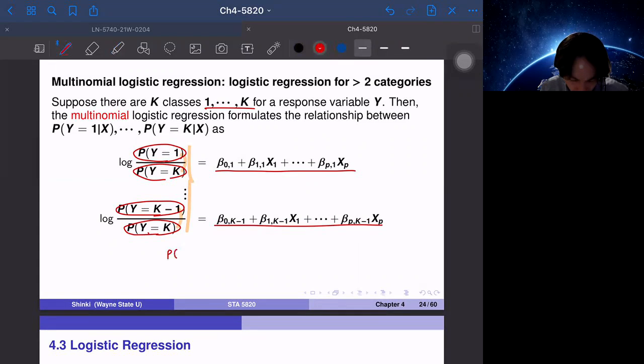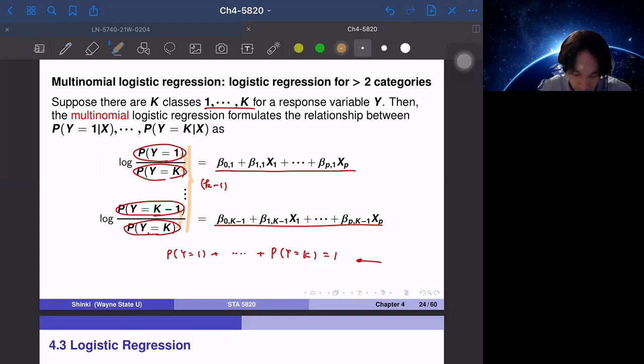Another equation is that the summation of the probabilities from y equal to 1 to y equal to k is equal to 1. With k-1 ratios and this one equation, you can identify each probability of y equal to 1, y equal to 2, up to y equal to k.